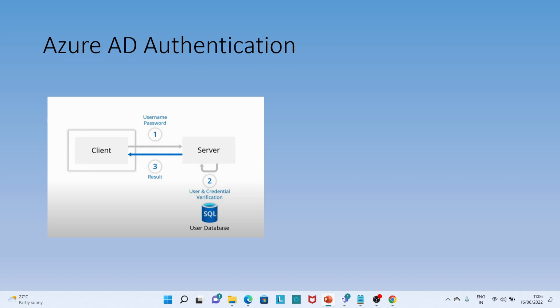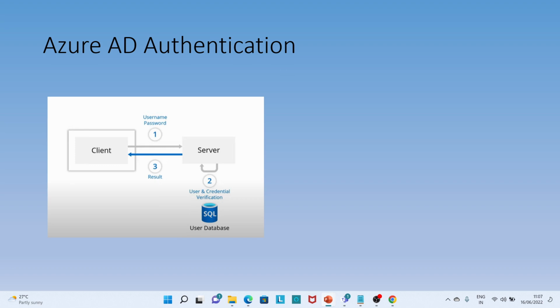You will have any client for that matter. It can be SSMS, SQL Server Management Studio, or it can be your Toad, or any other front-end client from where you want to connect to the server.